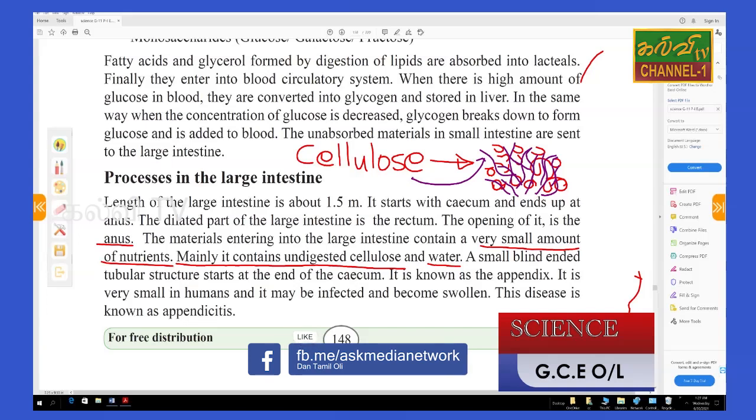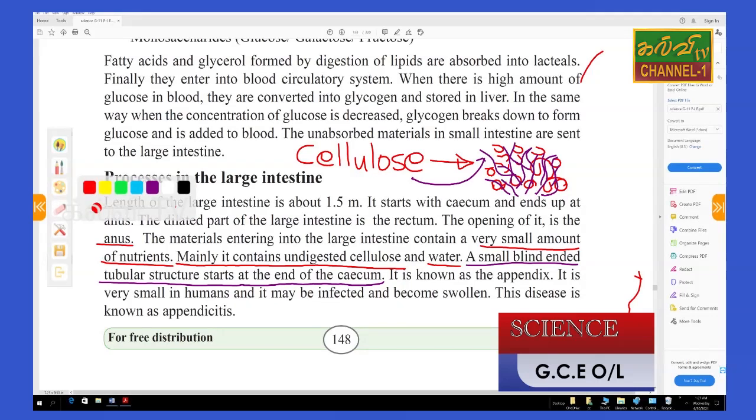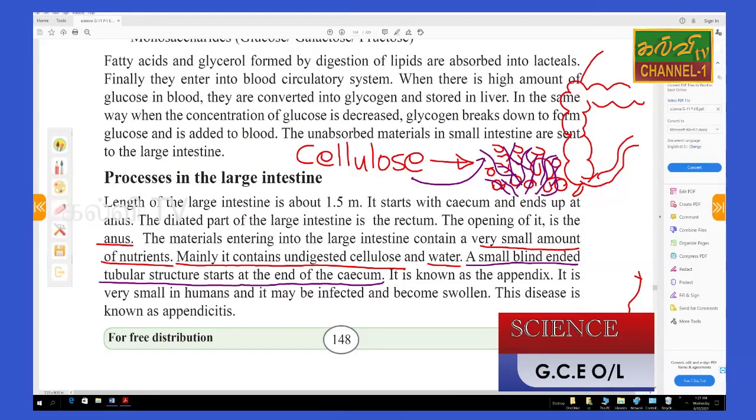The small blind-ended tubular structure starts at the end of the caecum. End of the caecum means that we already studied the small intestine, which is connected with the large intestine. The caecum, I already said, that is the caecum.